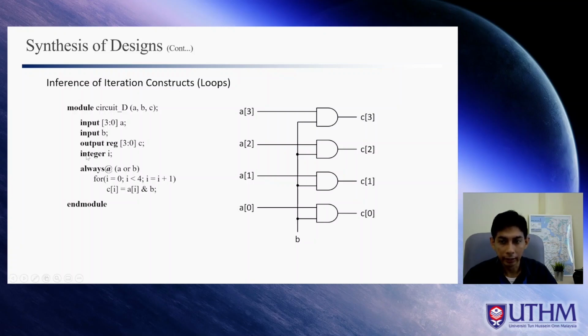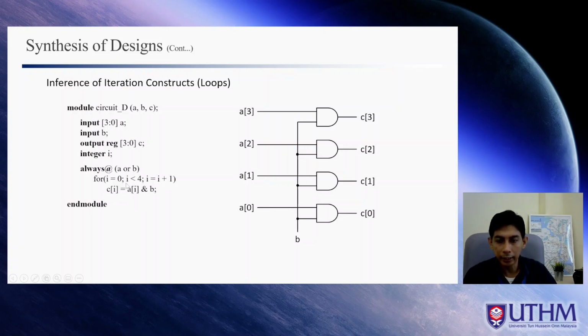This integer is just used by the Verilog compiler to create a loop. All right. For I equal to 0, I less than 4, I equal to I plus 1. In Verilog, again, you cannot use something like I++, just like in C++, right? If you want to increase an integer I here, this is the way, I equal to I plus 1. C[I] equal to A[I] and B.